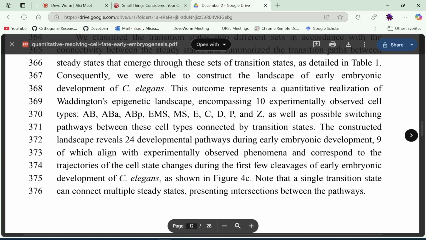So the question is, what are these switching pathways? What are these transitional states? Then they find that there are 24 developmental pathways between early embryonic development, 9 of which align with experimentally observed phenomena. So that's an interesting paper.